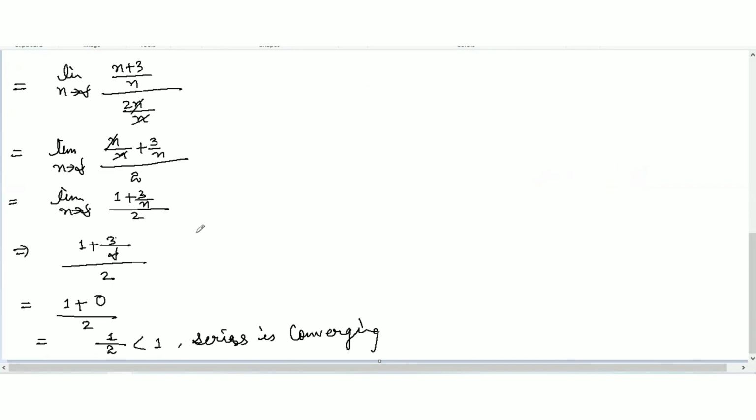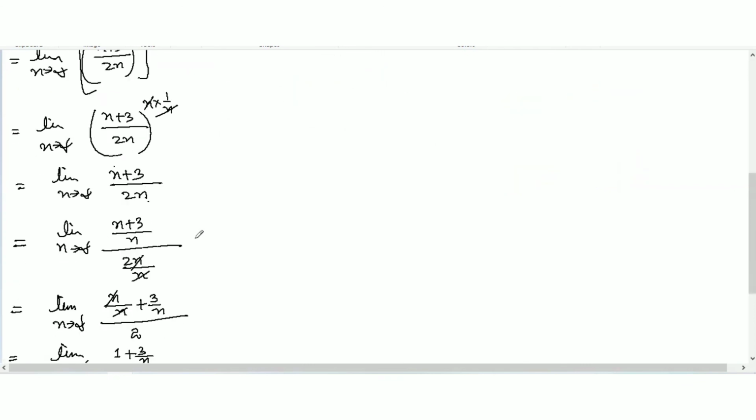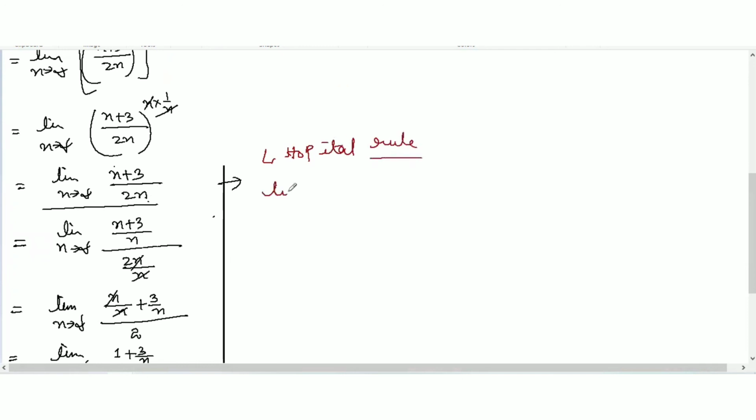Now I'll explain how to use L'Hopital's rule here. Let's apply it from here. Here I'm going to explain how to apply L'Hopital's rule to find the limit. So let's write it down first: limit n tends to infinity of (n+3)/2n.